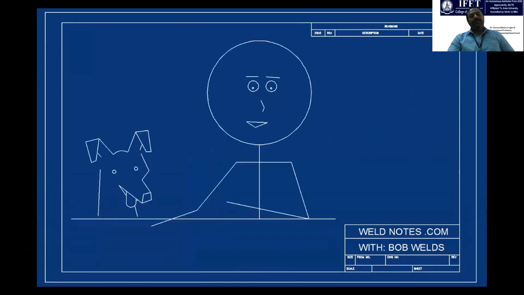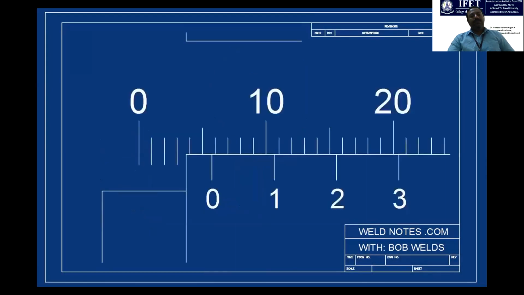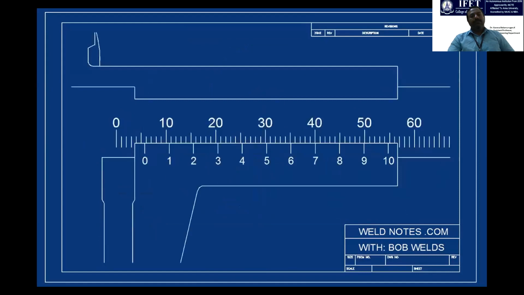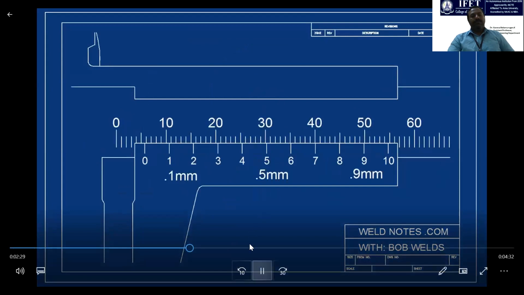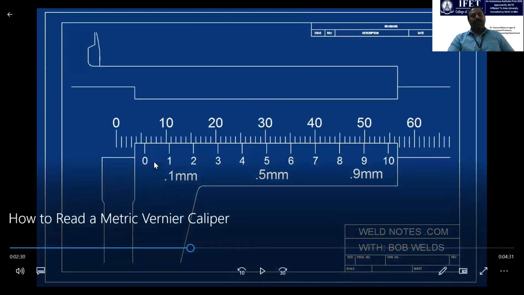Okay, you're ready to see the vernier scale, but I'm only going to draw the main part of it first. Now, you see the marks numbered from 0 to 10. Each of these marks represents a tenth of a millimeter. They're going to tell us the tenth. So each and every graduation is 0.1 mm. This is 0.1, and 0.2, 0.3, 0.4, 0.5.